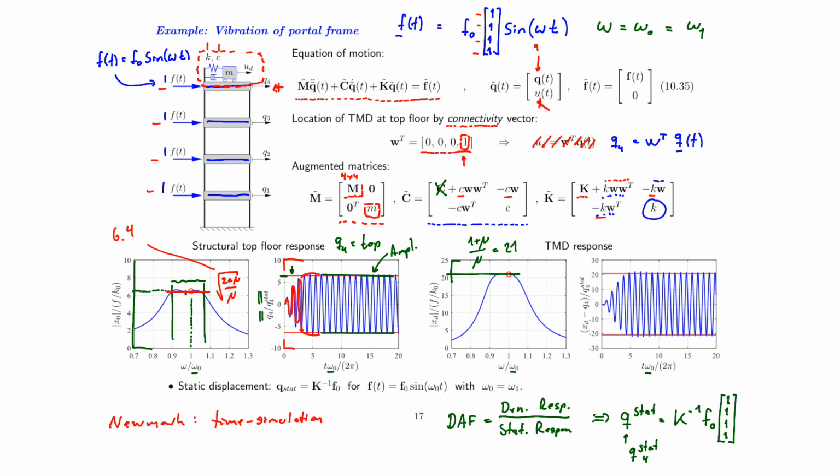Now if I take the difference between Q5 tilde and subtract Q4, that's the same as taking the absolute motion of my TMD minus the original Q4, and I'm pretty sure this value here should be UD. And I divide by the static deflection of my fourth floor again. You will see that at steady state, I exactly get my value of 21.